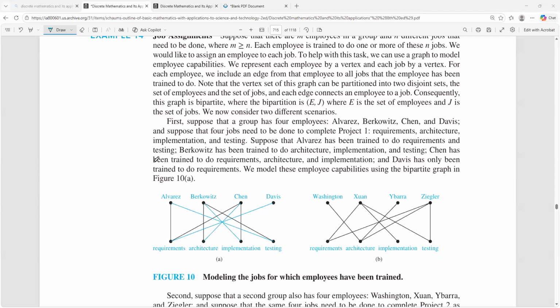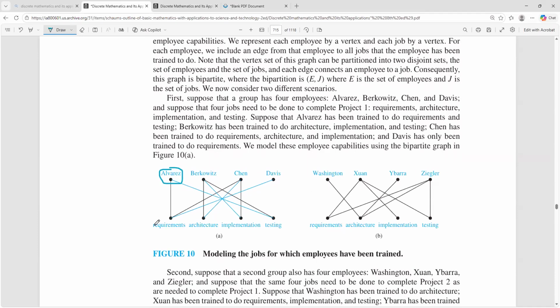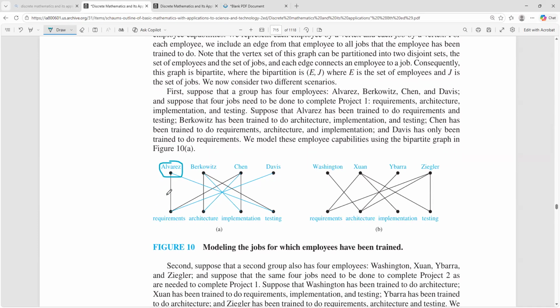But the idea of a matching is that it's bipartite, but no one node can be matched with more than one. So if you think about it in terms of jobs, we can't match one person with multiple jobs, right? You only have one job.